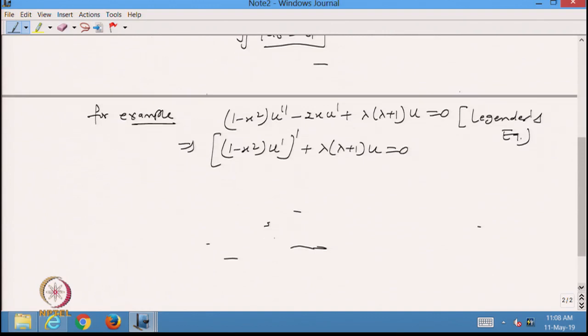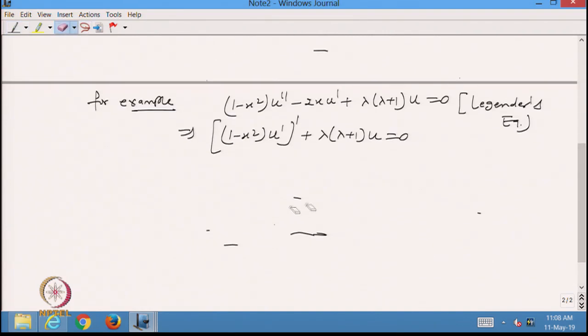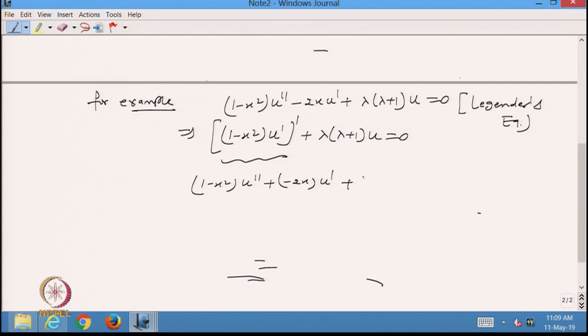Now if I take the derivative of this, I apply the product rule. So it will be (1 - x square) times the derivative of u dash, which is u double dash, plus the derivative of (1 - x square), which is -2x, times u dash, and then the remaining part (lambda + 1) u equal to 0.